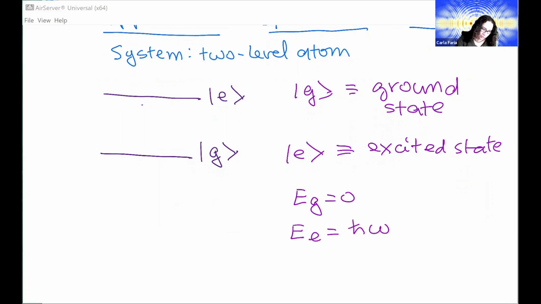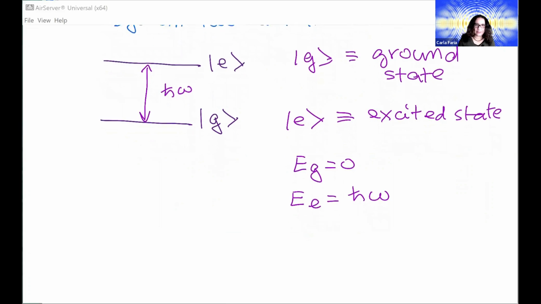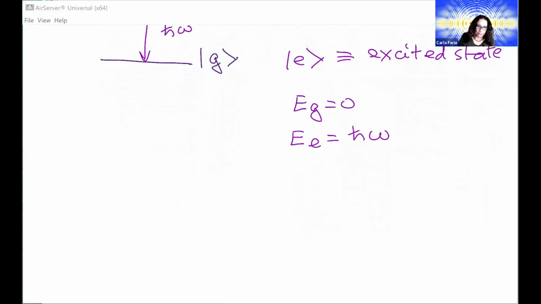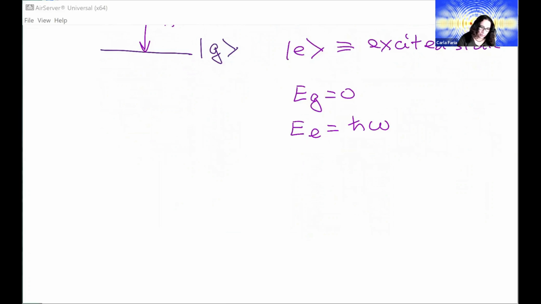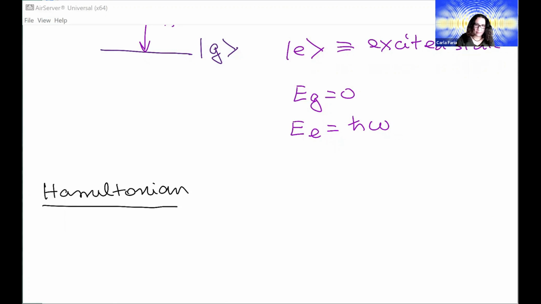So these two states, they're separated by h bar omega. And this allows us to write the Hamiltonian. So the Hamiltonian of the system is given by this expression, h bar omega |E><E|.